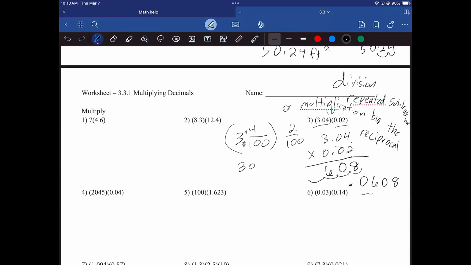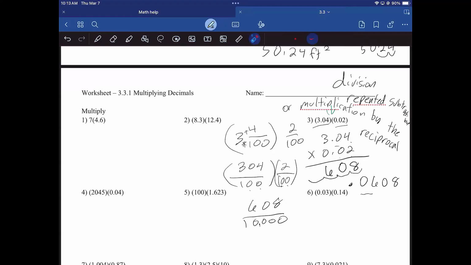We'll have 304 over 100 times 2 over 100. Now, when I do that work, I'm going to end up with 304 times 2, so 608 over, and there's 1, 2, 3, 4, so it'll be a 1 with 1, 2, 3, 4 zeros.